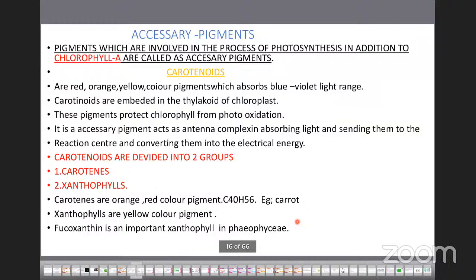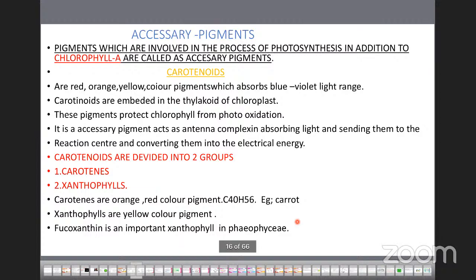They help in protecting chlorophyll from photooxidation, and they act as an antenna complex, absorbing solar energy as photons and transferring it to the reaction center, changing it from solar energy to chemical energy.